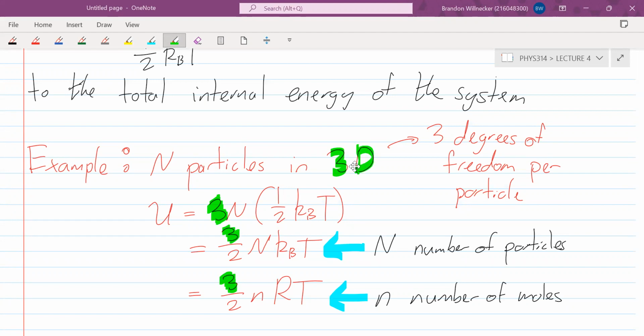And of course, if you have extra degrees of freedom, such as rotation, so you can rotate around the x-axis, y-axis, or z-axis, all of those extra degrees of freedom due to rotation or spinning, you add that as well.